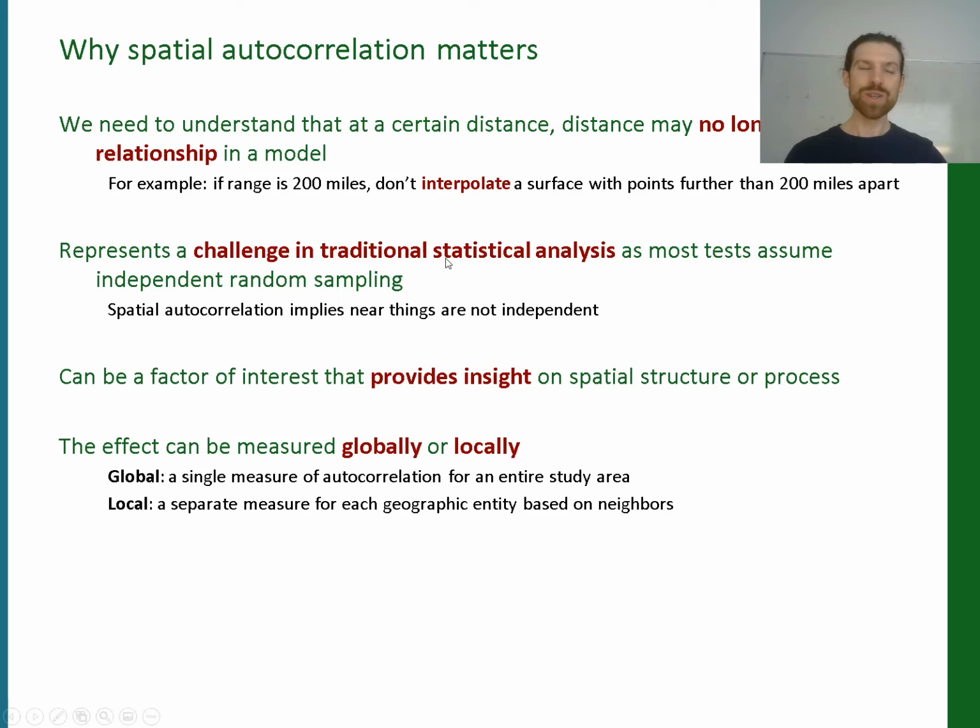And there are also issues, which I mentioned before, as downsides of having data with these autocorrelation issues. When we do regressions, for example, which we'll be getting to later in this term, there are assumptions, like many of the assumptions of the tests that we've covered so far, that those data points are actually independent of each other. And the reality is that if they're spatially autocorrelated, then they are not independent of each other.